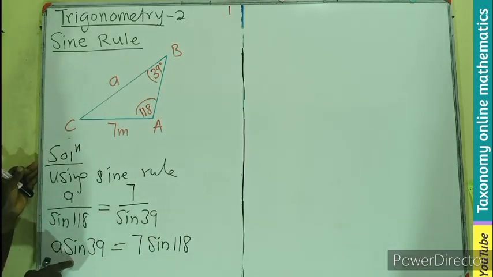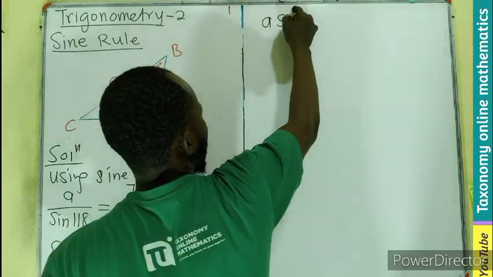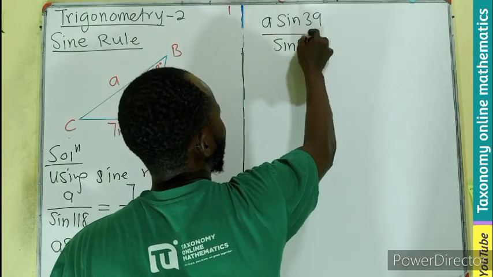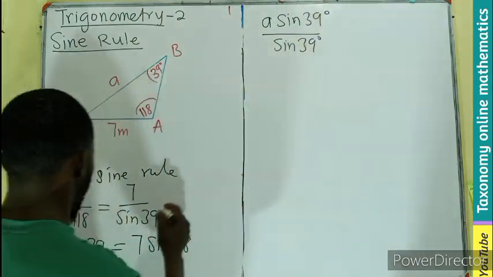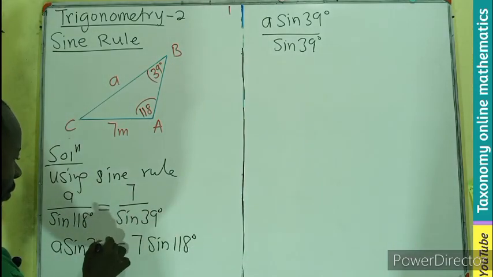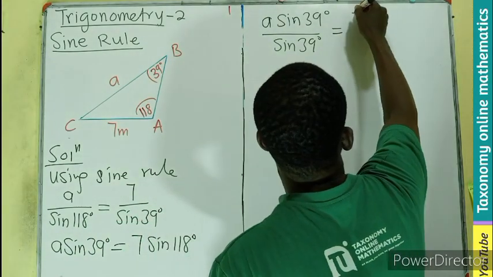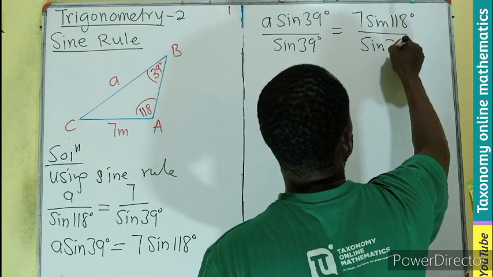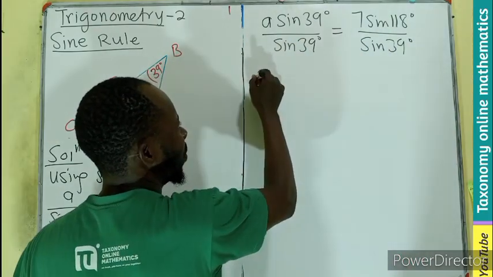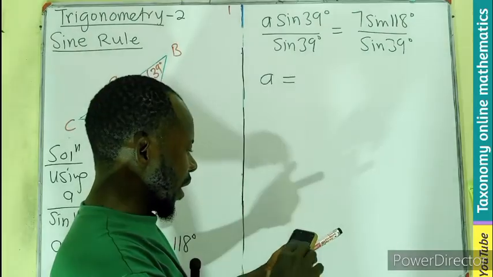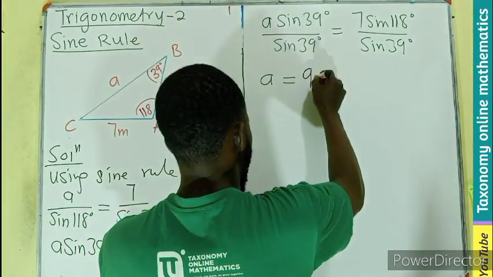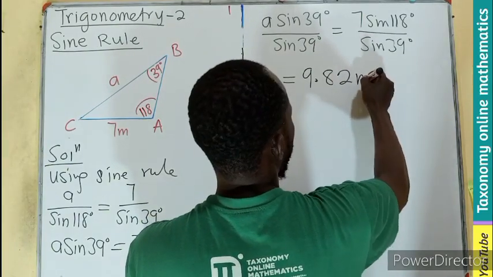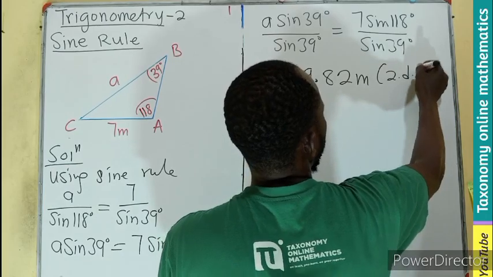So we divide by sine 39, all in degrees. Then A equals 7 sine 118 degrees divided by sine 39 degrees. The sine will cancel, giving rise to A, which equals 9.82 meters. Don't forget two decimal places.